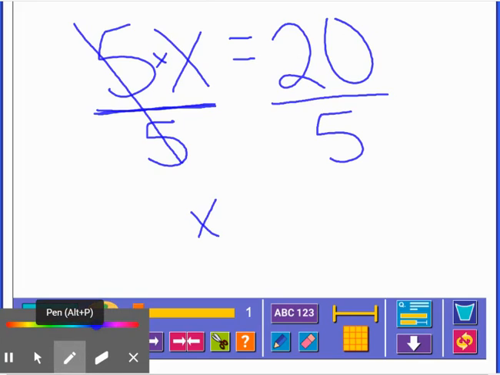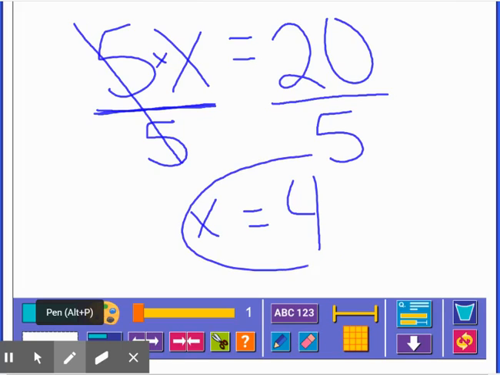And then I know 20 divided by 5 is going to equal 4, and so my answer is exactly what we got before, x equals 4.